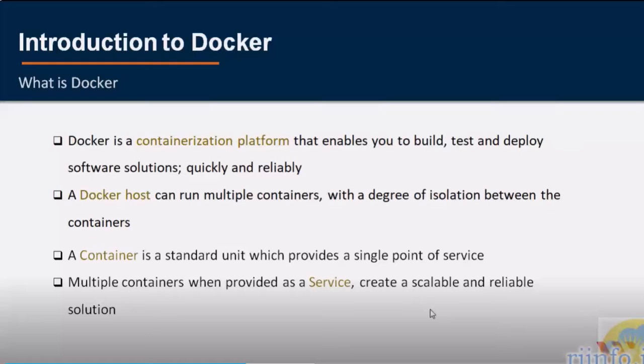Rather than having just one replica, Docker allows us to run multiple replicas of a container. This provides the required capacity to the service and also adds a level of reliability to these services. Now let's have a look at a diagram which will explain this even further.